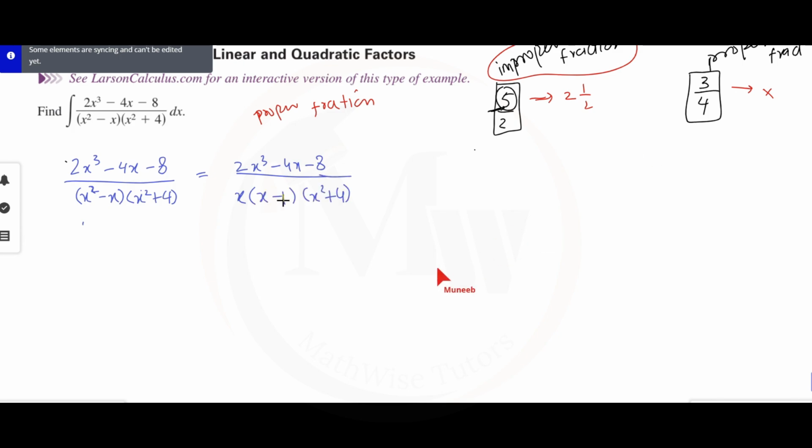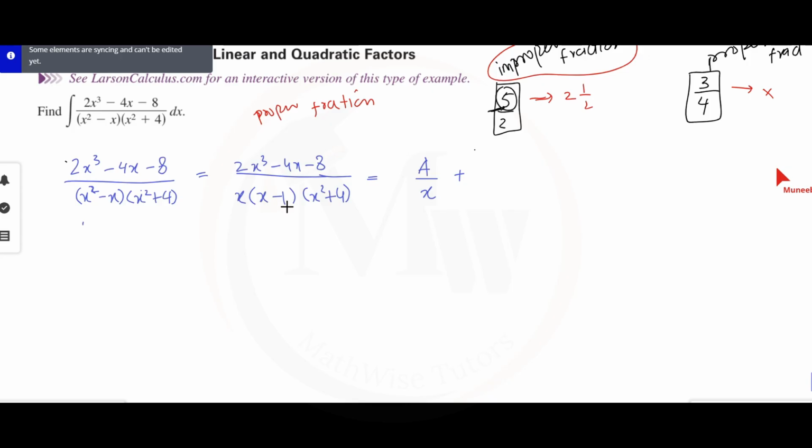Now see, we have three factors: x, x minus 1, and x square plus 4. So what will the partial fractions be? There will be three fractions. One will be a over x, because x is only a linear factor. That's why one constant will be above, right?